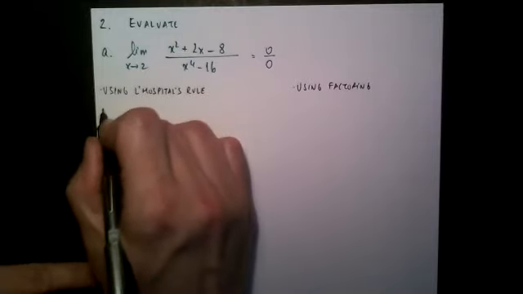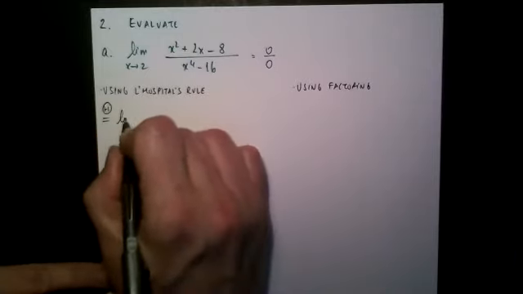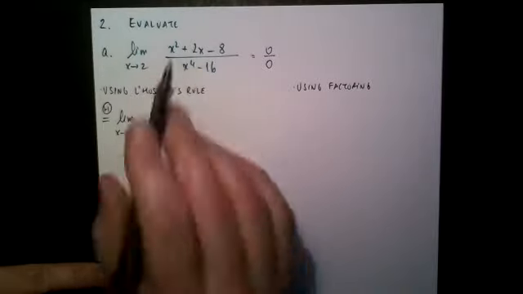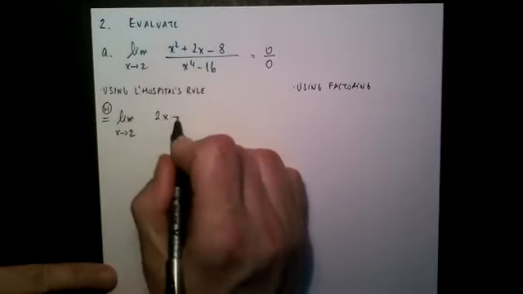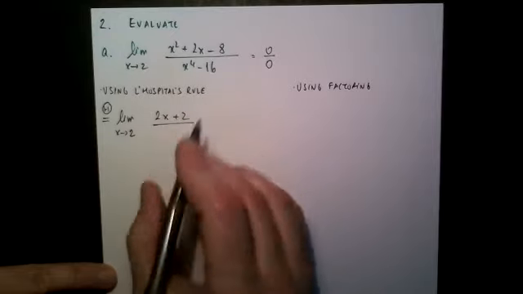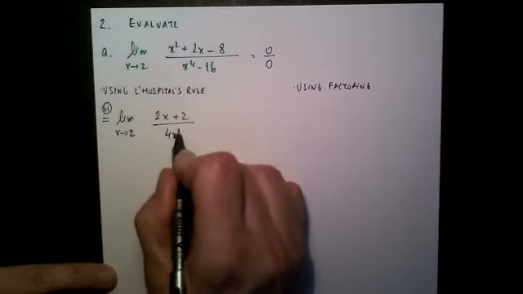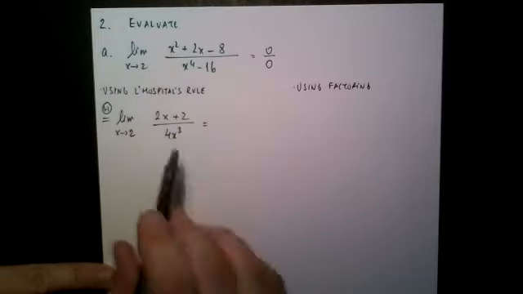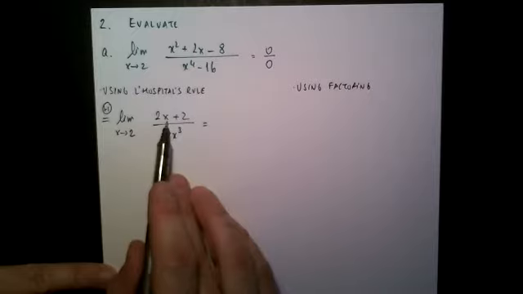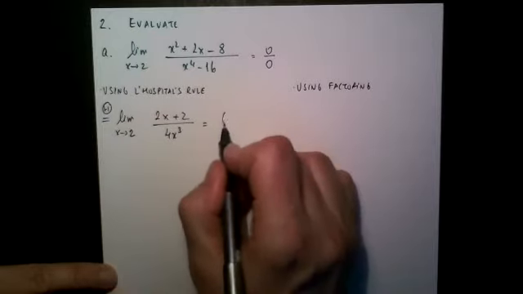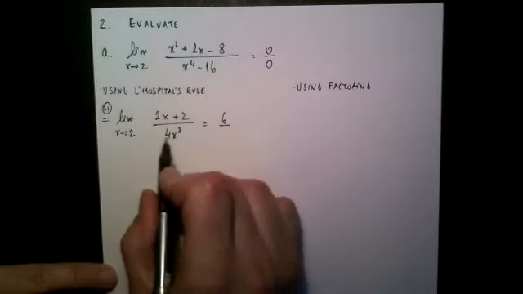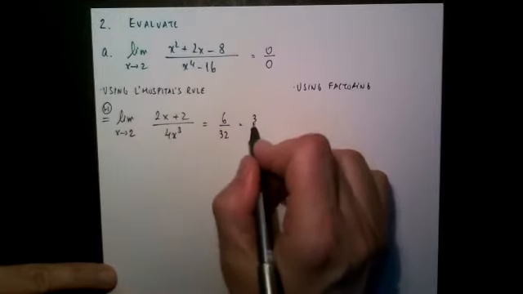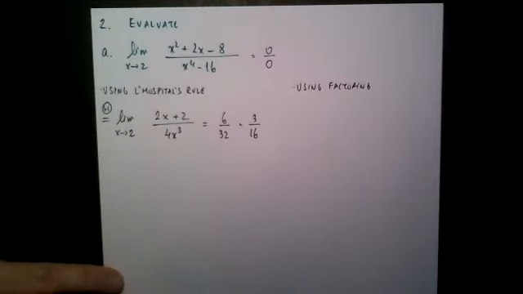So using L'Hopital's rule, limit as x approaches 2, I do the derivative of the top, which is 2x plus 2, over the derivative of the bottom, which is 4x cubed. And then you plug in 2. I get 2 times 2 is 4 plus 2 is 6 over 8 times 4, which is 32. And that gives me 3 over 16.